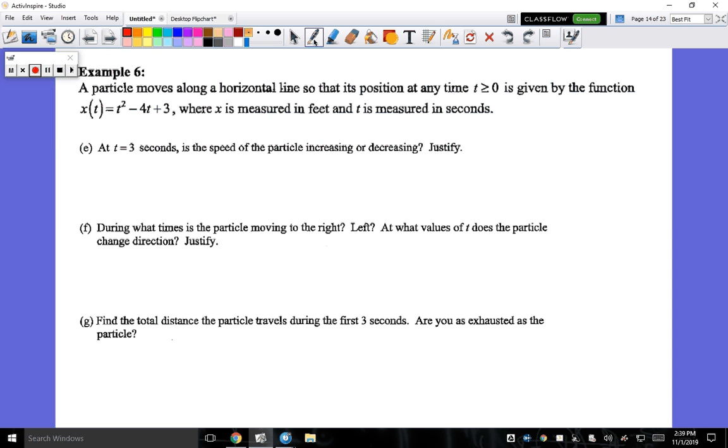So per second means this. Feet per second is a velocity. And if I take an acceleration of something, it's basically saying this over another second.